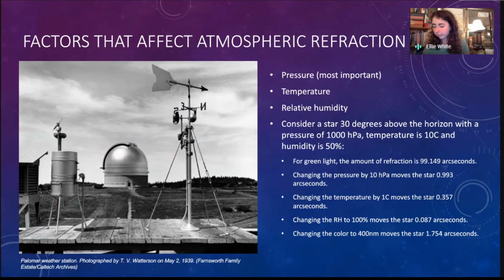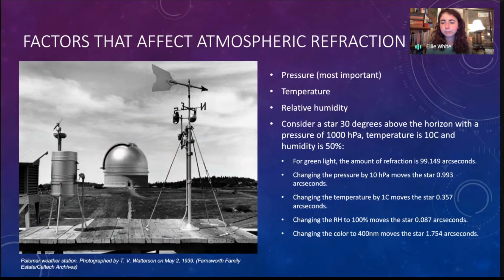For example, consider a star that's 30 degrees above the horizon at a sea level site. Say your pressure is 1,000 hectopascals or millibars, temperature is 10 degrees Celsius, and humidity is 50%. Take that as your control, and then let's go through an exercise and see how, if you change each of those factors, that changes your refraction.